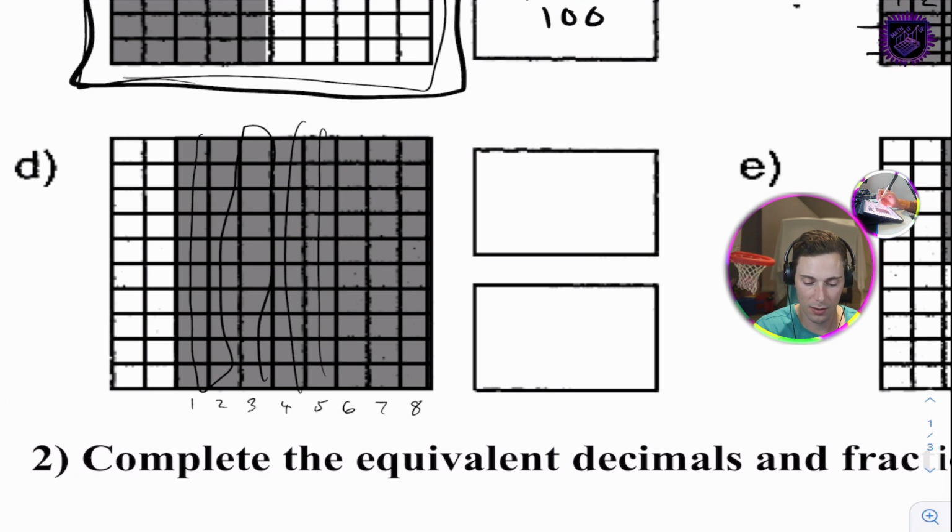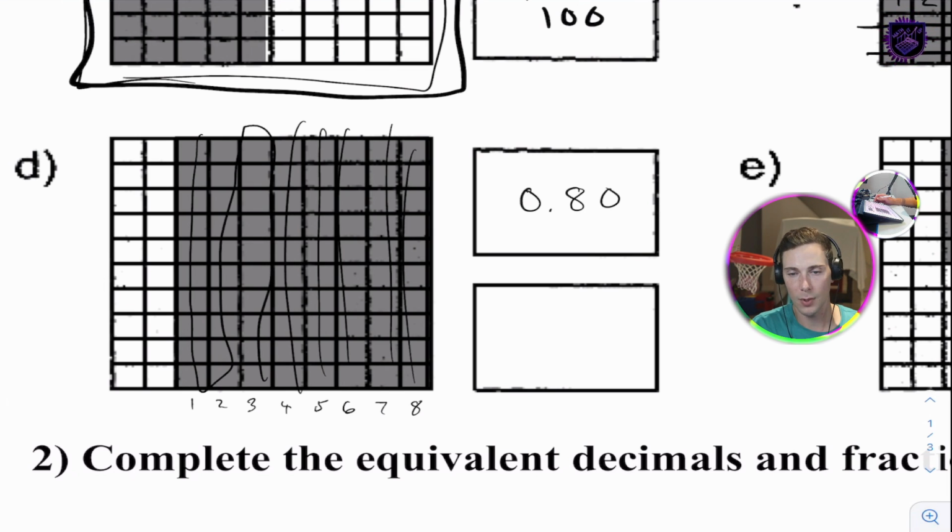There's 8 rows, so we have 0.80, 80/100ths, or 8 tenths. If there's 10 rows and we have 8 of them, 8 tenths. If there's 100 total pieces and we have 80 of them, 80 100ths. We're going to talk about simplifying this fraction later.